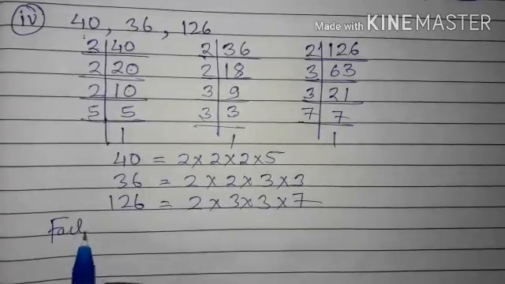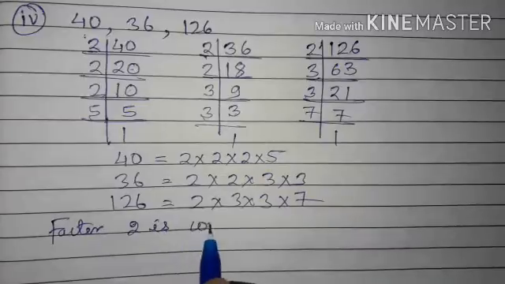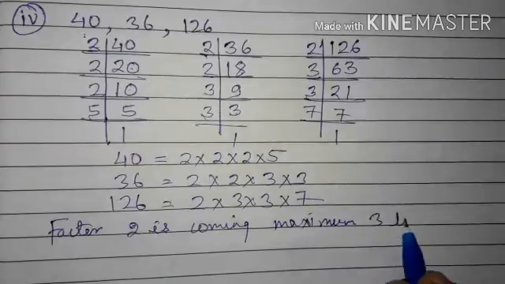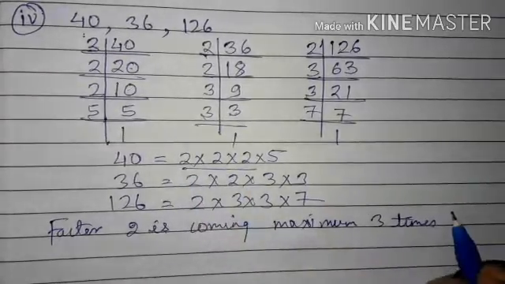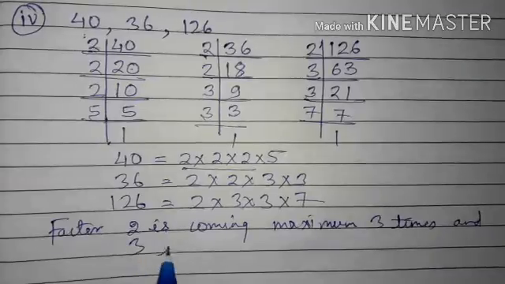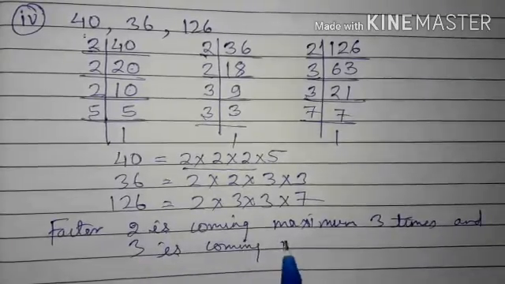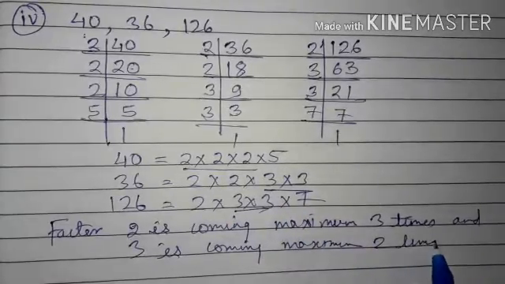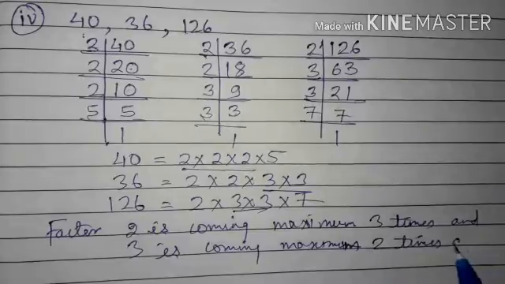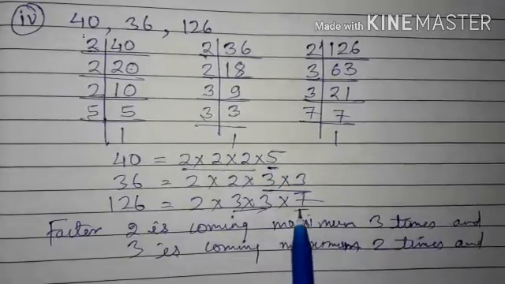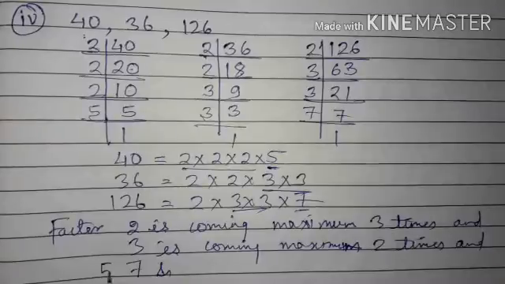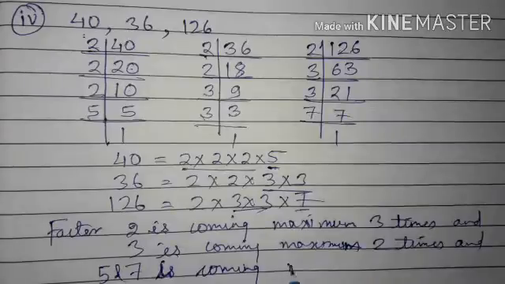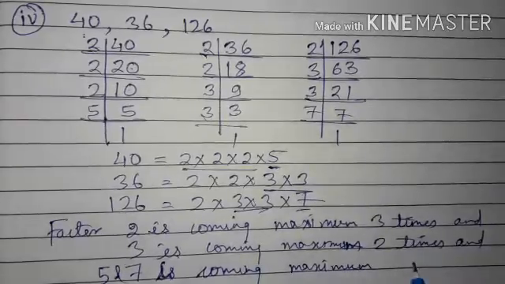Now here factor 2 is coming maximum 3 times and 3 is coming maximum 2 times, and 5 and 7 are coming maximum 1 time.